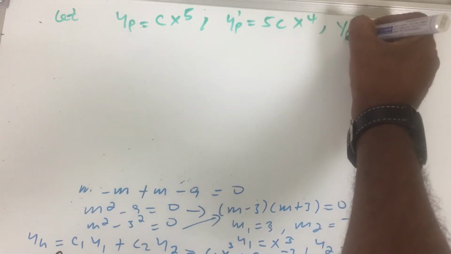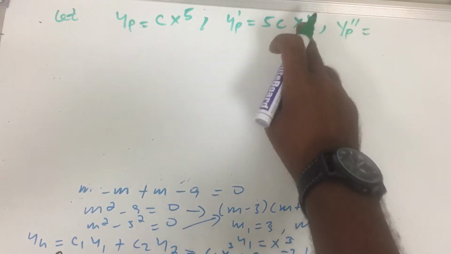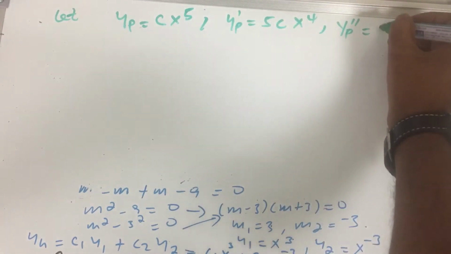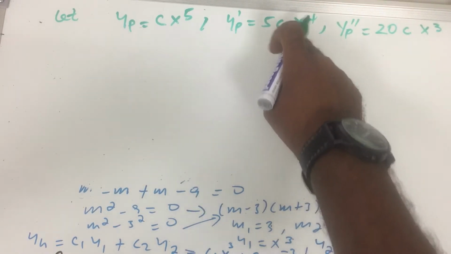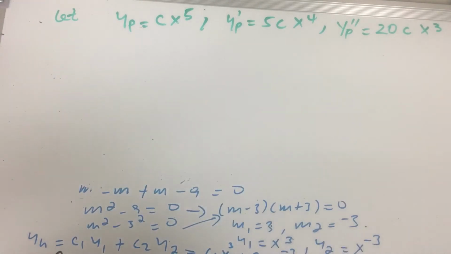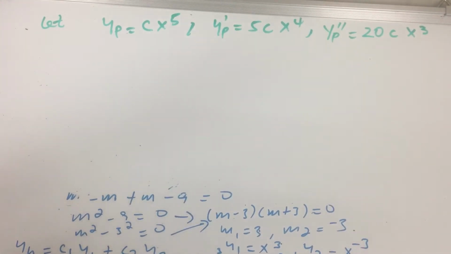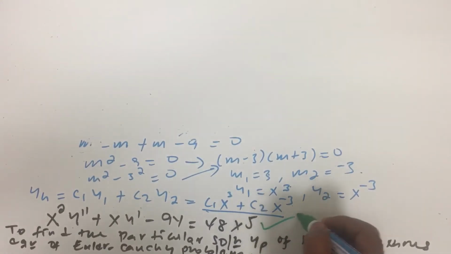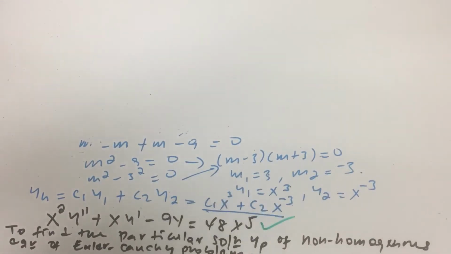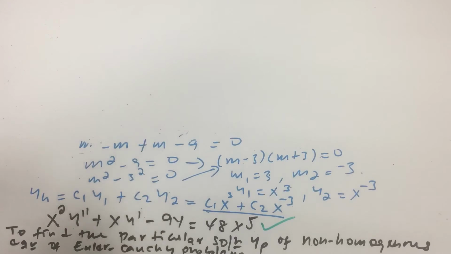How about its second derivative? 4 times 5, which is 20, c x to the power of 3, 4 minus 1. Let us substitute this into the equation.